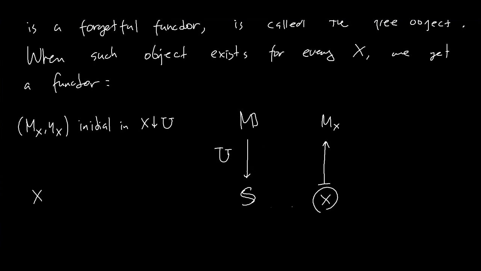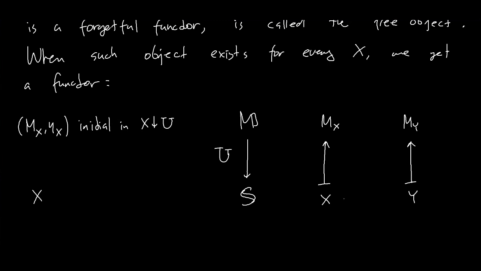So I'm going to take an object in S and map it to the object part of that pair, which itself is an object in the comma category. But I want to get convinced this is a functor, so I need to know what to do if I have another object and a morphism.